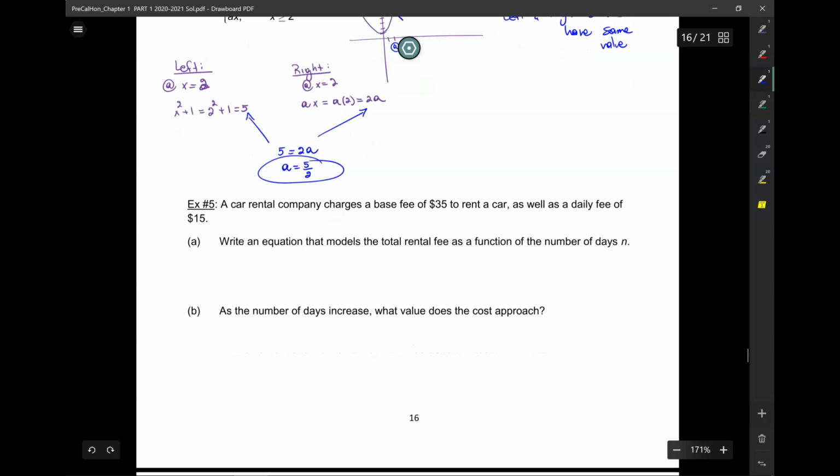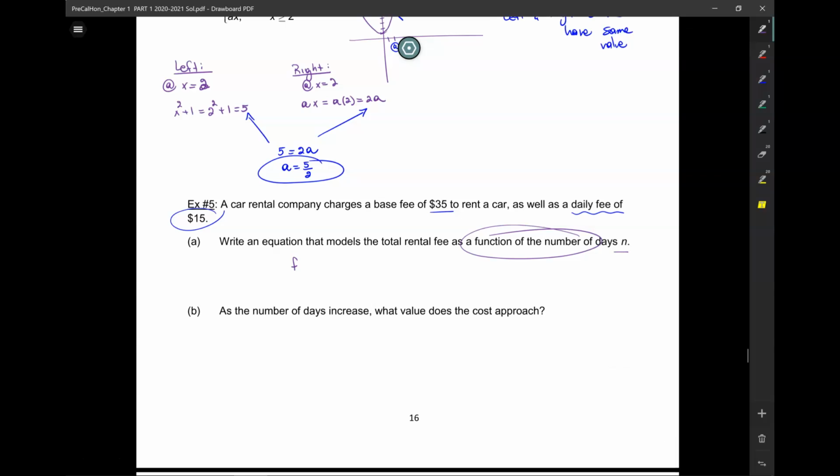Last but not least, a car rental company charges a base fee of $35 to rent a car with a daily fee of $15. Write an equation that models the total rental fee as a function of the number of days n. That means I need function notation.